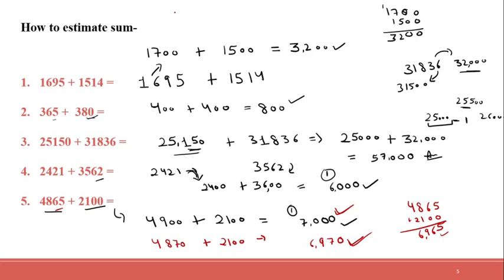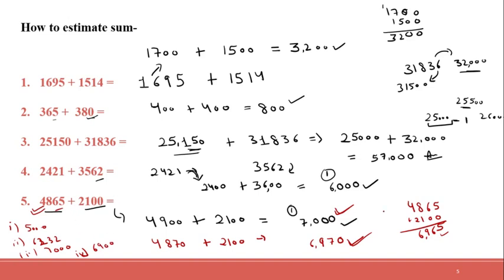Let's say this is the question and there were options like 5000, 6020, 6232, then 7000, and then 6900, right?